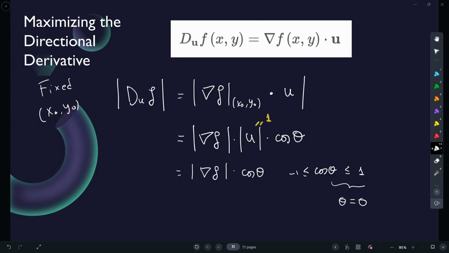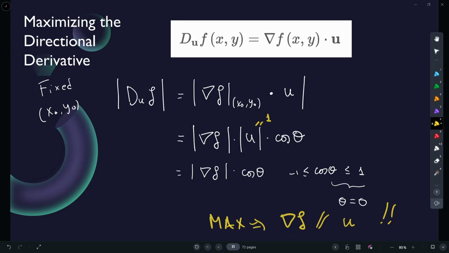What that means is that the largest value of this will happen when the angle between the gradient and my unit vector is 0. So when they are parallel. So we want the gradient to be parallel to u for the maximum value. Okay? So we want those two to be parallel.